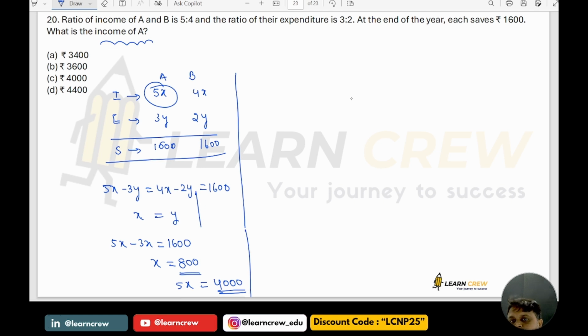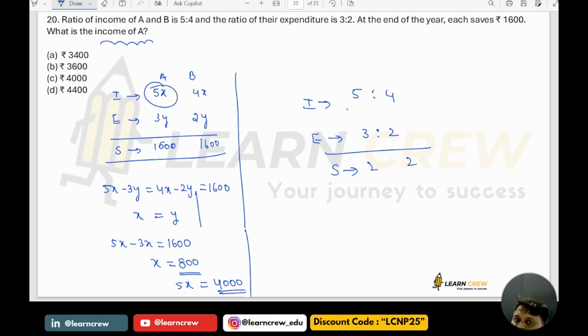See here, the shortcut. The incomes are in the ratio 5:4. The expenditures are in the ratio 3:2. Please observe here, income minus expenditure is saving. 5 minus 3, 2. 4 minus 2, 2.